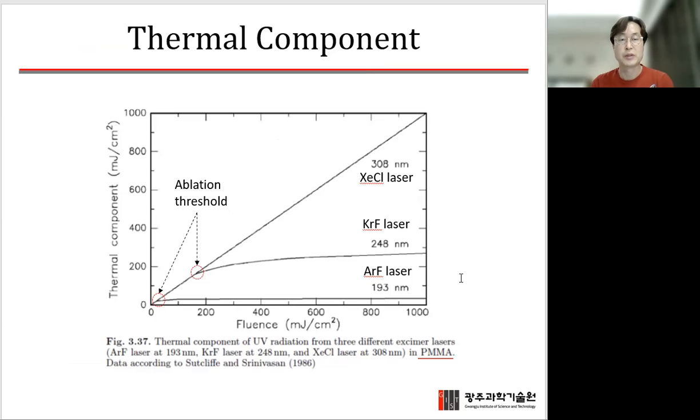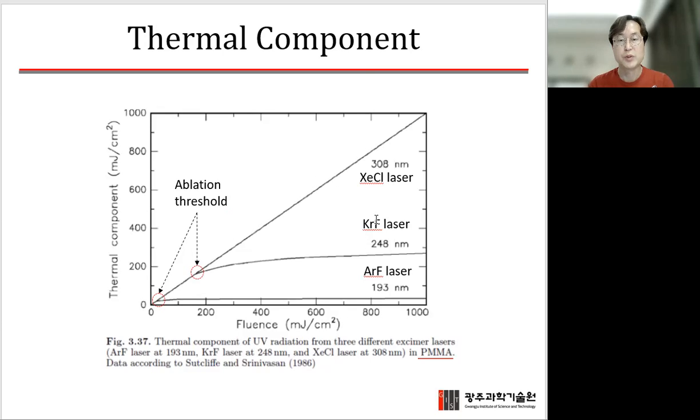So this figure shows the relationship between the photon fluence, which is energy per area, and the thermal component, which is also energy per area. For 308 nanometer, you can see it is kind of a linear relationship.